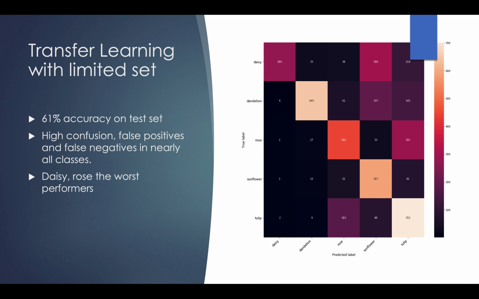Daisy is being falsely read as sunflower, sunflowers are being read as daisies, and tulips and roses are also being confused quite a bit here. Dandelions, not so much compared to the others because they do look quite different naturally, but you can also see that there is still a bit of confusion in there.